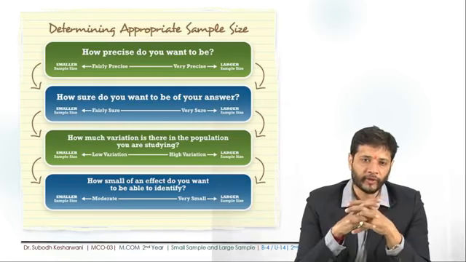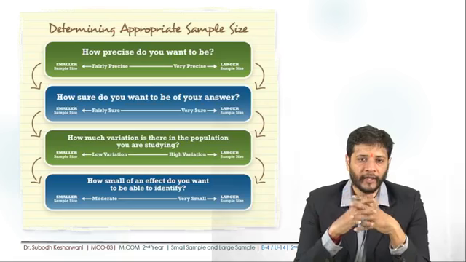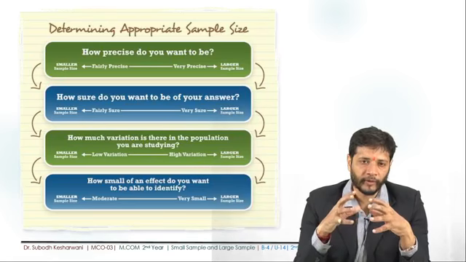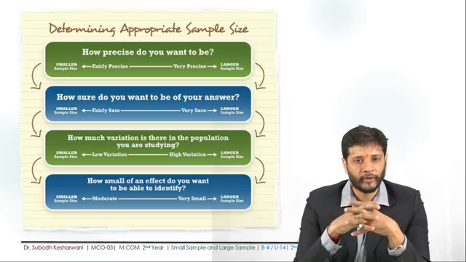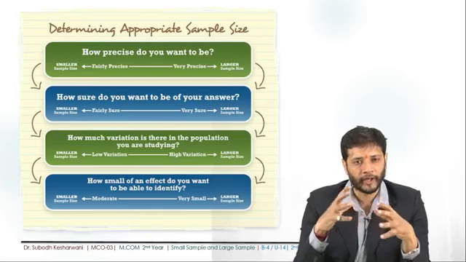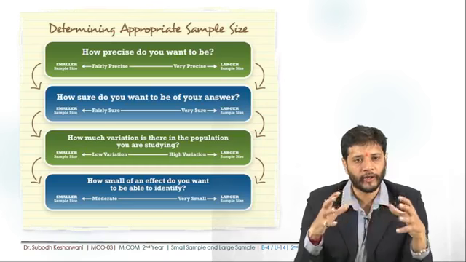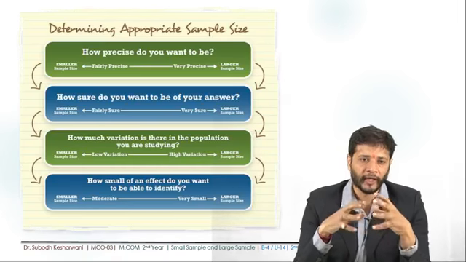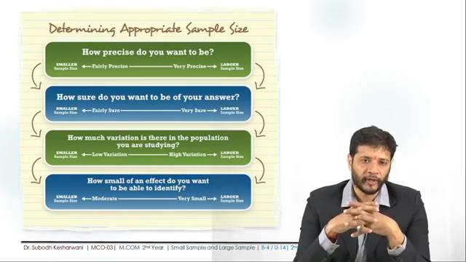How sure do you want to be of your answer if you take a smaller sample size, and how much variation is there in the population you are studying? When you want variation in the study, that is where a large sample size is important, because you get a good number of responses from the respondents, then you narrow down those respondents, accumulate all those responses, and finally you are able to accomplish that task.